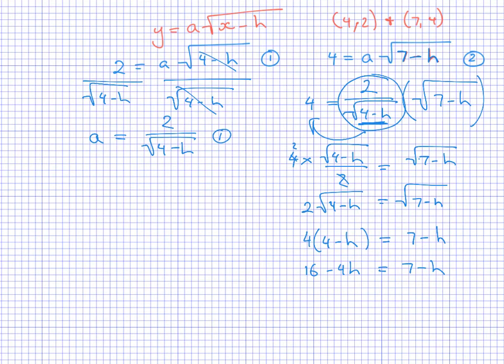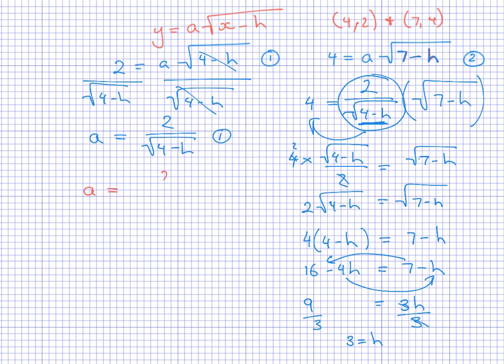So I'll gather my h's, I'll move the 4 over to there, and I'll move the 7 over to there. So this is going to become 9 equals 3h. Oh, look at that. It's a nice square number and a nice divisible number. So 3 equals h.